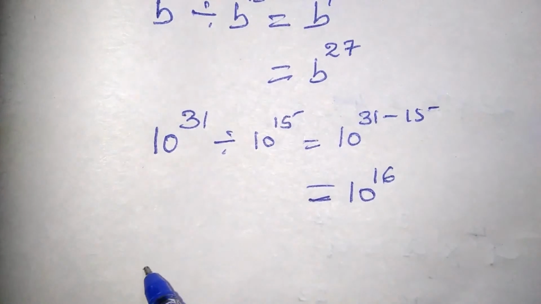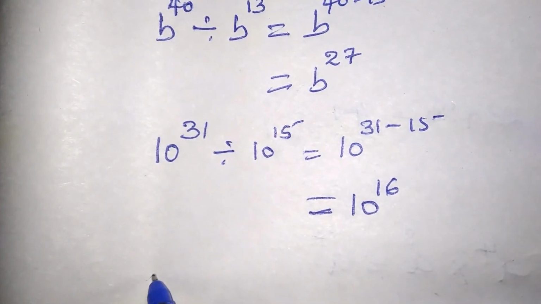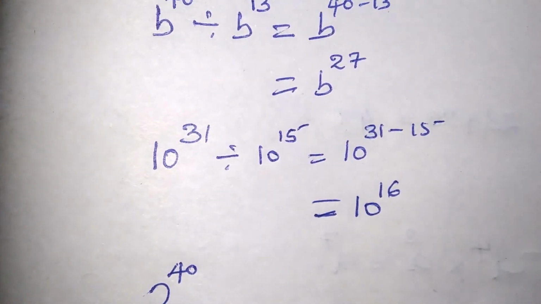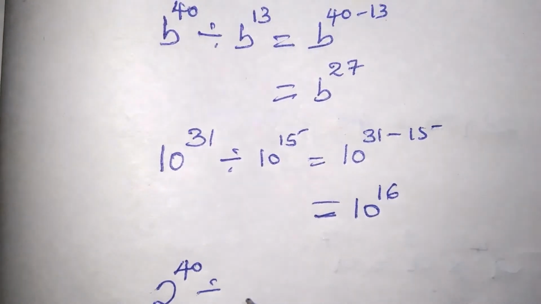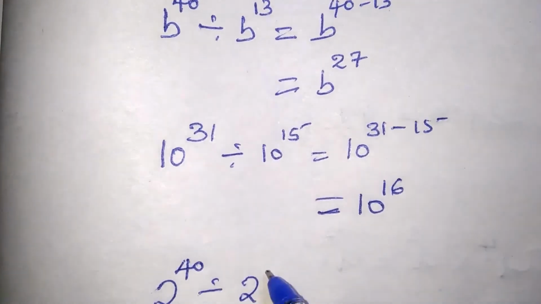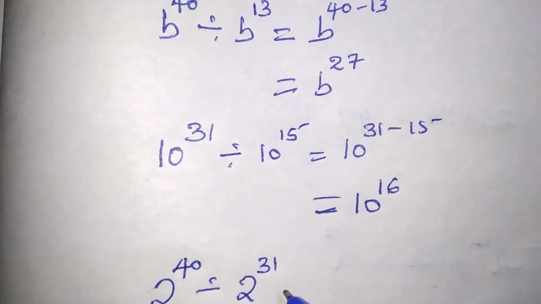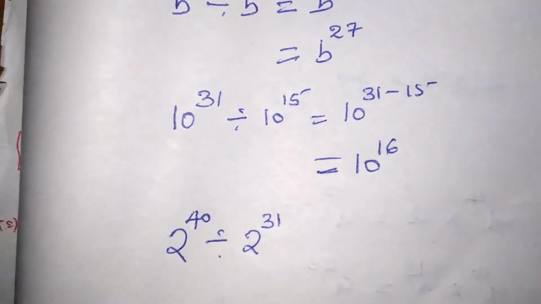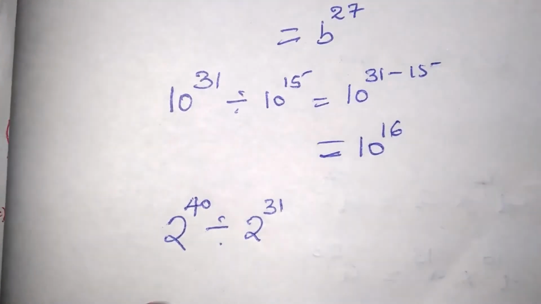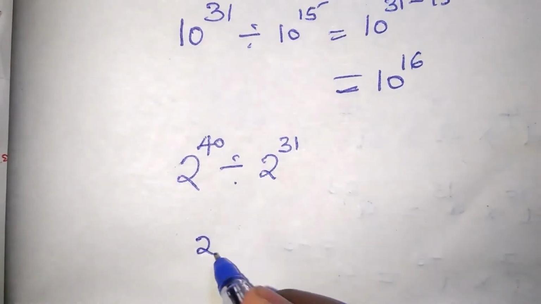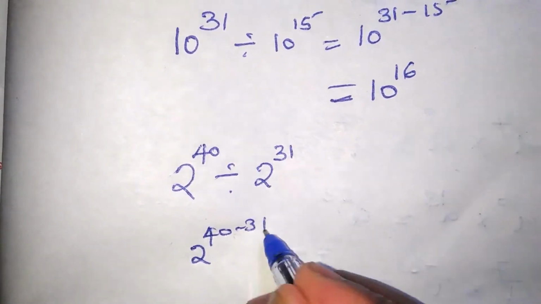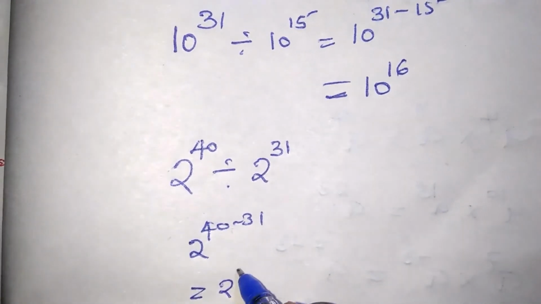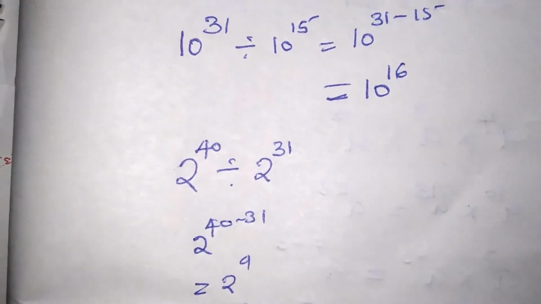Another example: 2^40 divided by 2^31. You can pause this video and try to solve this. So the answer for this would be 2^(40 minus 31), which is equal to 2^9.